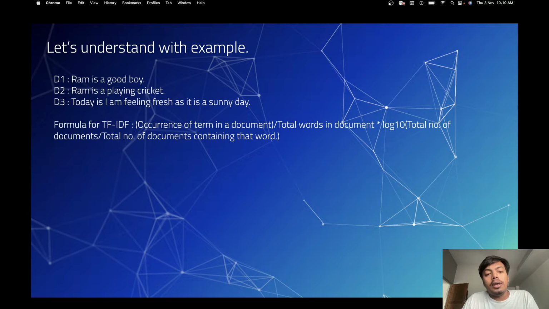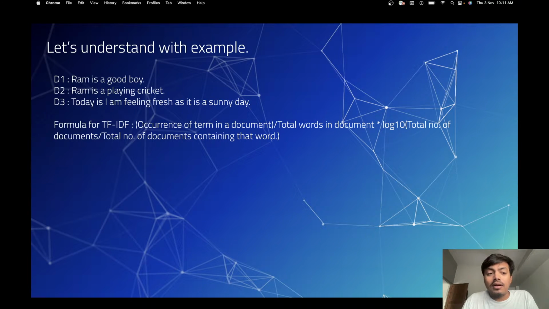How many times does RAM occur in D1? 1. And how many words are there in D1? 1, 2, 3, 4, 5. So my TF value of RAM will be 1 upon 5. Similarly, I can find the TF value for any word with respect to its document.